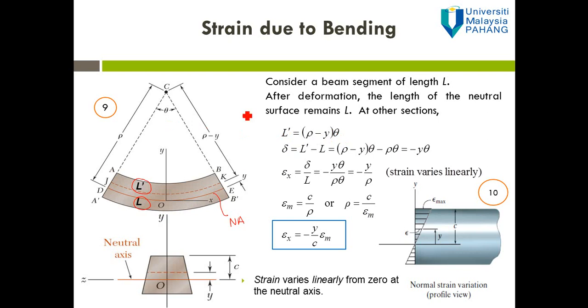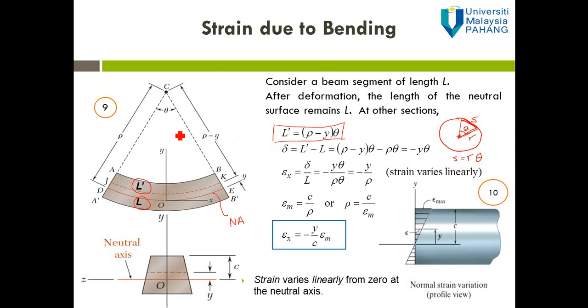How do we get this equation? Based on the rule of a circle, let's say this arc is S, this is R, and here is theta. The arc length S is equal to R theta.